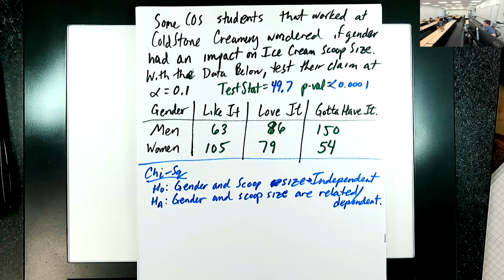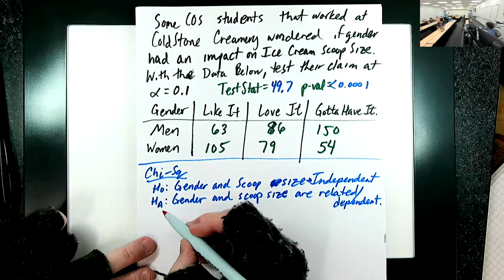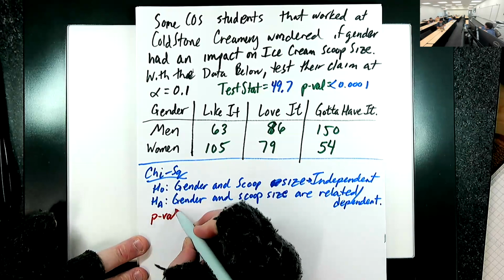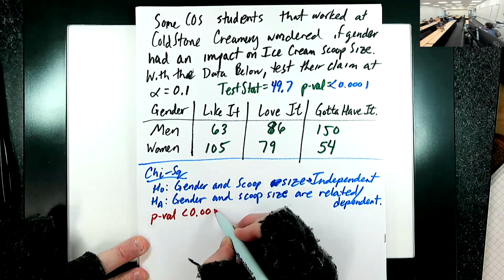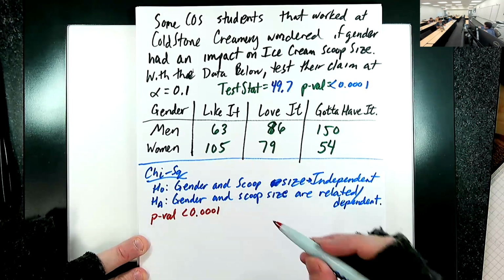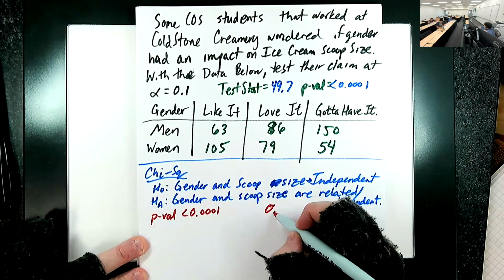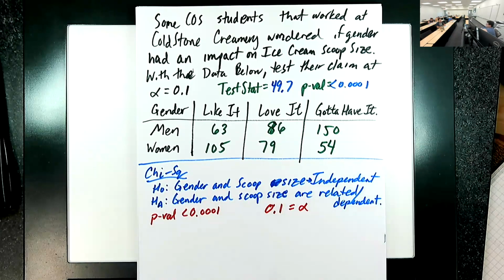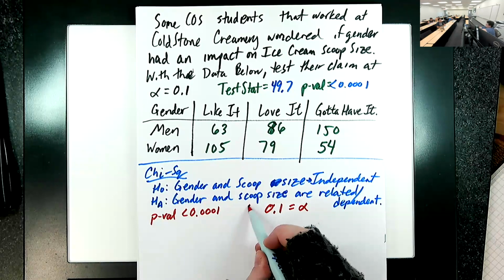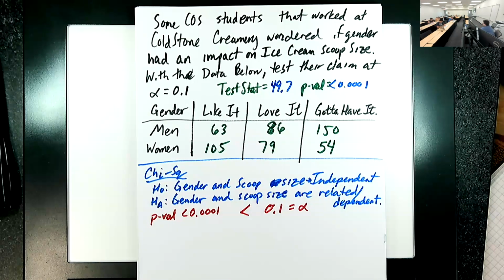You've got what the test is, you've got your H naught, you've got your HA listed. Next thing is, we need to make a decision. We base that decision by comparing p-value versus alpha. So p-value is less than 0.0001. Alpha is stated to be 0.1. P-value is definitely less than alpha. It's a lot less than alpha.